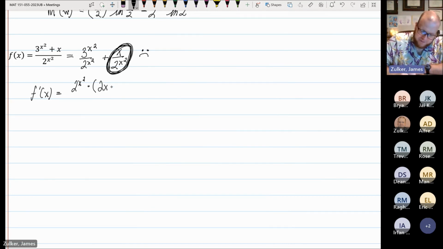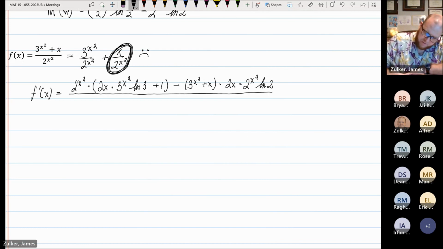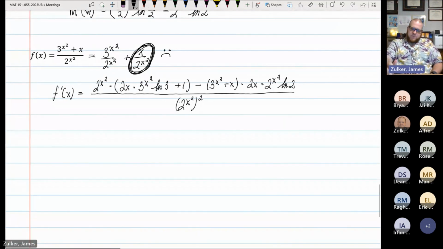So it's going to be the derivative of the exponent times the exponential function times natural log of the base, and then just plus the derivative of x minus numerator times the derivative of the denominator. And then all over the denominator squared.